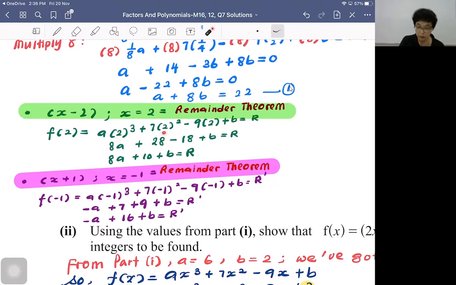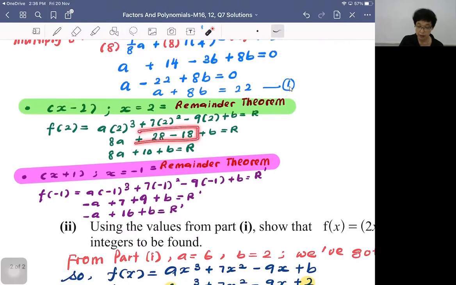Then 2 squared multiply 7, we get 28. Then negative 9 multiply 2, we get negative 18. And then plus b equals R, and simplify the like terms. There you go, that gives us 8a plus 10 plus b equals R. But let's just keep it there.